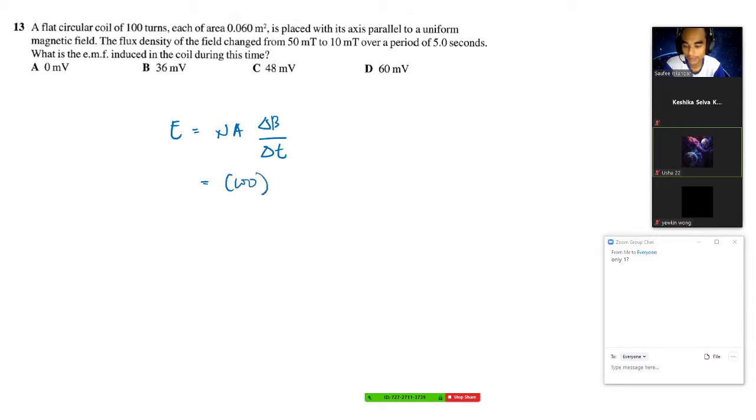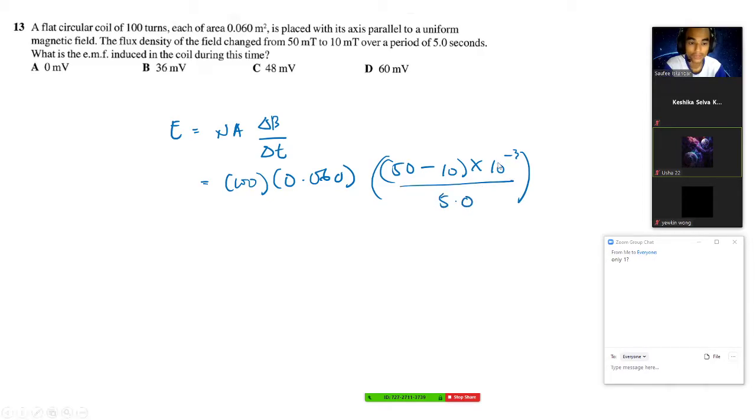You have 100, and 0.06, times 50 minus 10 in brackets, times 10 to the power of negative 3, and down there you have 5 milliseconds.